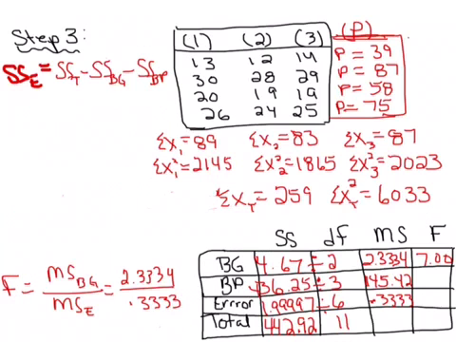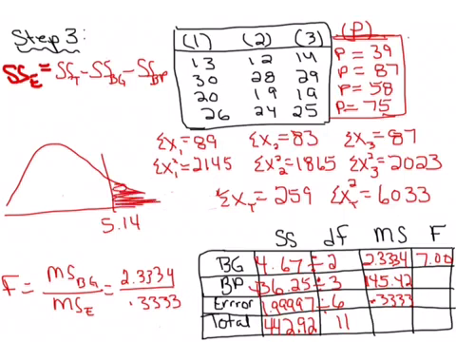So, at 5.14, remember, anything beyond that is significant. That's our critical value. Well, our obtained test statistic is 7. So F equals 7. So we do have significance. So now we're going to need to calculate an effect size and also post hoc test because it is significant. So we're going to move forward and walk through those steps.